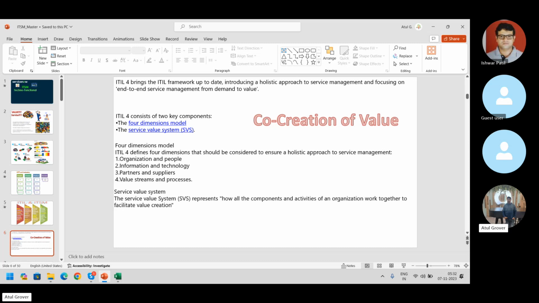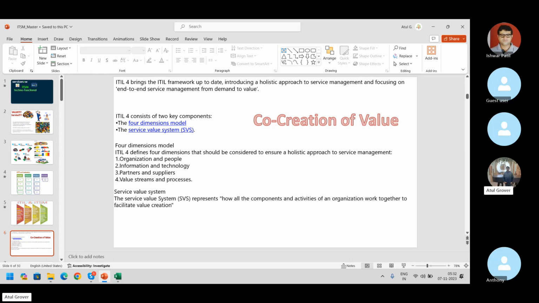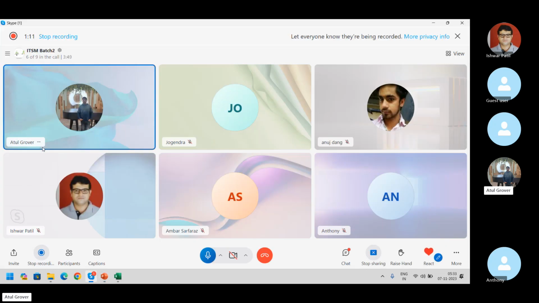So ITIL 4 is a set of practices. It is a framework which tells how you can implement, how you can progress, how you can support, how you can design your services. In a simple manner, if I say, okay, Anuj, I want to start a business, how do you start?